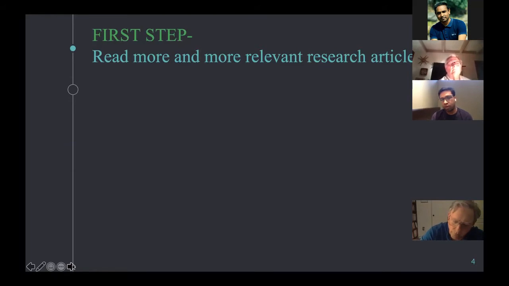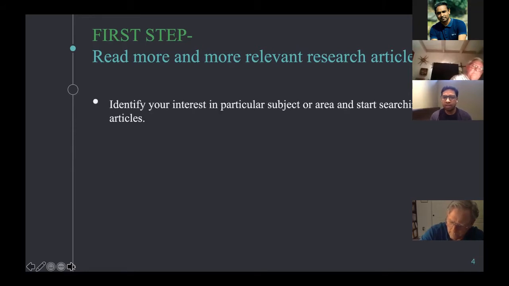If you want to write a review article especially, then you have to have proper knowledge about the topic you want to write on. There are many websites to find relevant research articles that you are interested in. And particularly you have to find your interest in a particular subject, then it will help you to find relevant literature.